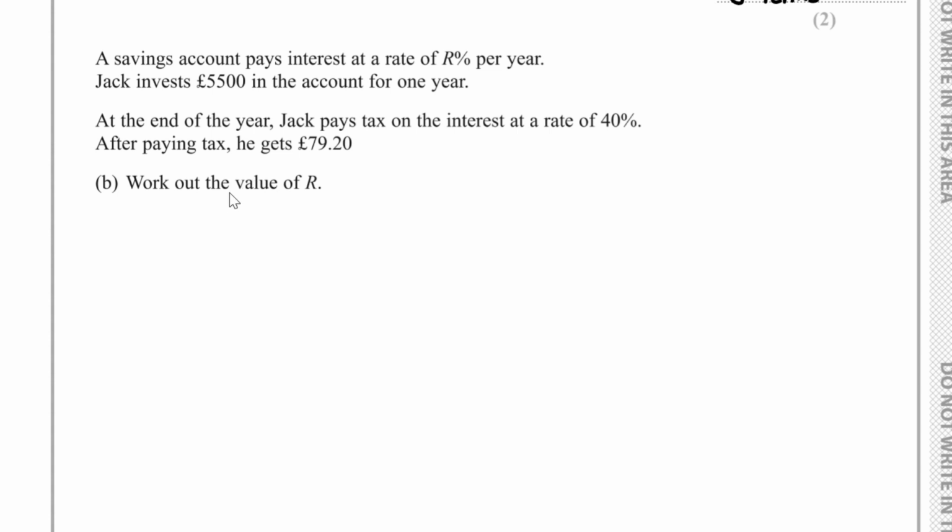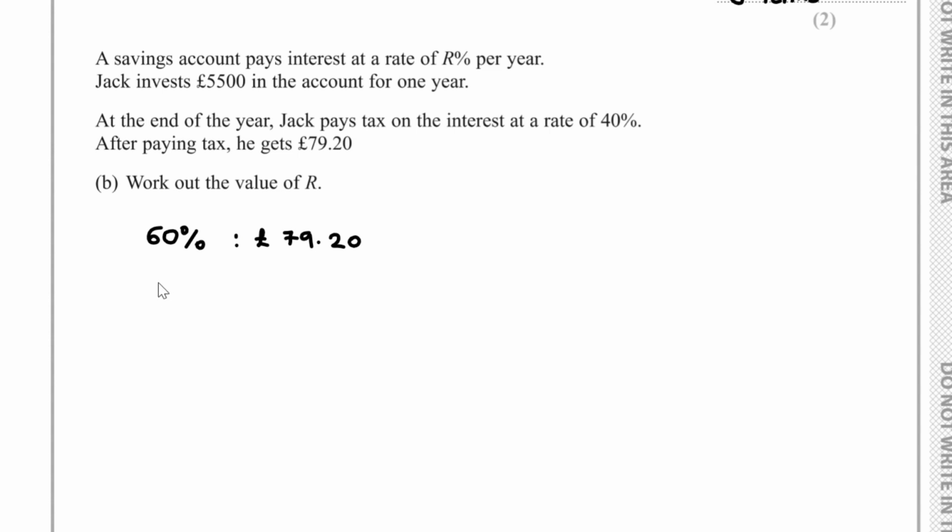Well, what we can do is find out the interest before the tax. If he pays tax at 40% and he has £79.20 left over, that means 60% would correspond to the £79.20. And we need to find out what 100% is.